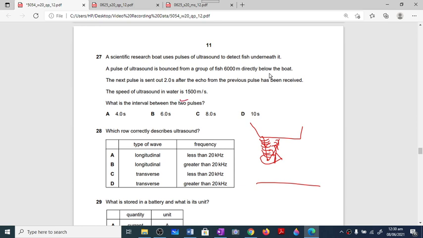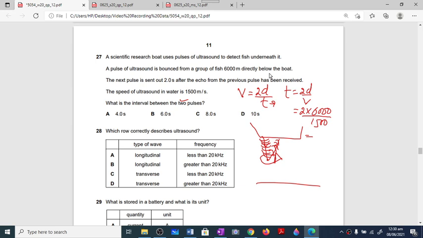Now what we will do: wherever there is an echo, wherever there is a reflection, first of all we apply the formula V equals 2D upon T. First we calculate the time required for one pulse. So T equals 2D over V. So 2 into 6000 upon the speed, which is given as 1500.